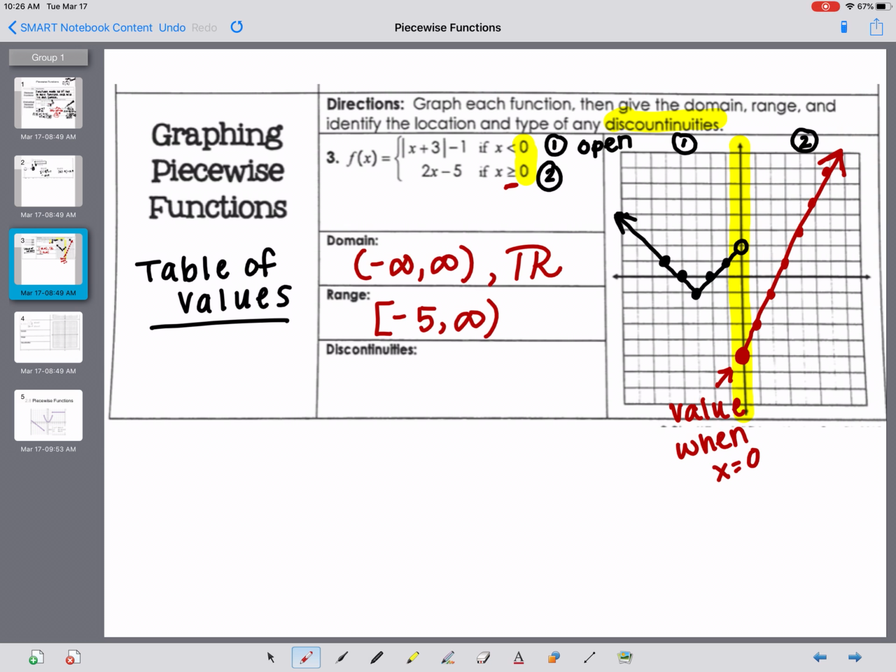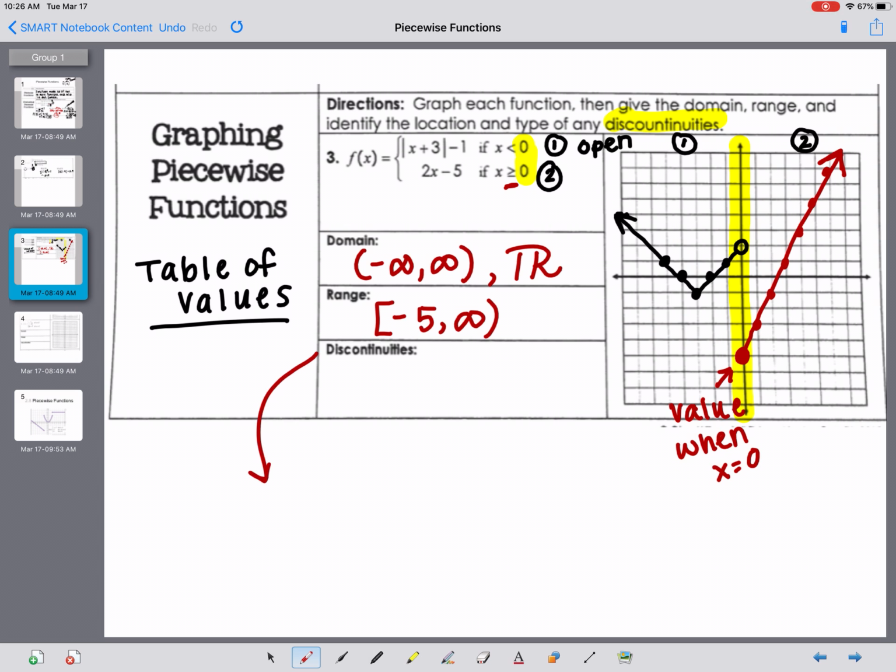Now, discontinuity is where there's some kind of jump or hole in the graph, if you would say. If you remember when we were talking about continuity, I mentioned that you could trace the function without picking up your pencil. Okay, so discontinuity, that means that I cannot trace piecewise functions without picking up my pencil, but I want to define where I have to pick up my pencil.